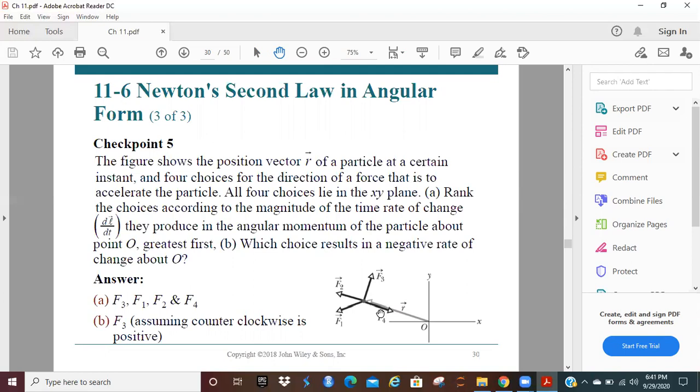If we try the right-hand rule, and we'll go ahead and do it here for force 3, I wish you guys could see this, but if you place your thumb along this line and then your index finger there, your palm is going to be facing the computer screen, and because of that, it's going to be pointing in a negative x direction, and that means you're going to have a negative rate of change because it's going to be pointing in a negative z direction.